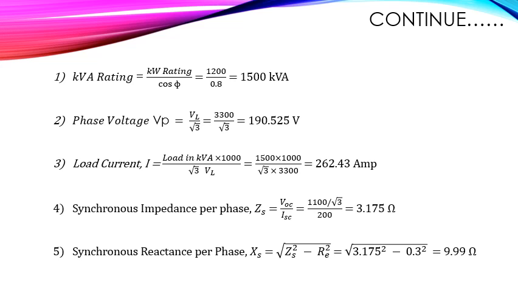Then synchronous impedance per phase is the ratio of open circuit voltage to the short circuit current. Then synchronous reactance per phase X_S is the square root of the difference of synchronous impedance squared and effective AC resistance squared, that is root of Z_S square minus R_E square. Just put the values and you will get the answer.